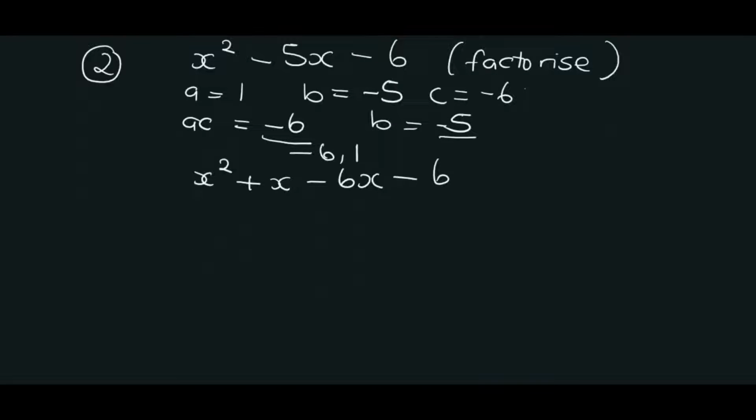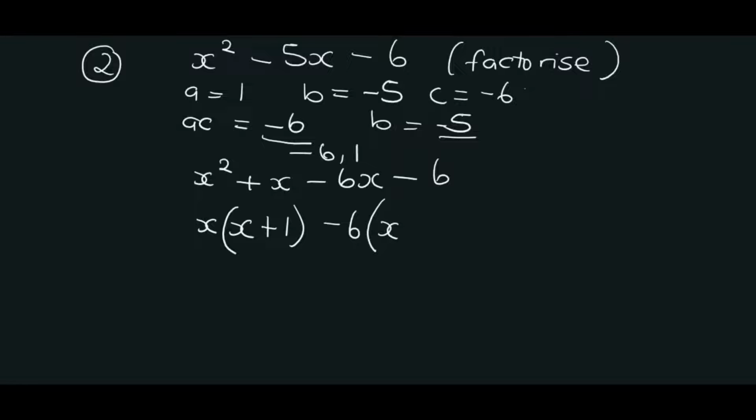Let's factor out x here. X into x squared, we get x. X into x, we get plus 1. Put a bracket. Then here we factor out minus 6. Bracket. And then minus 6 into minus 6x, we get x.